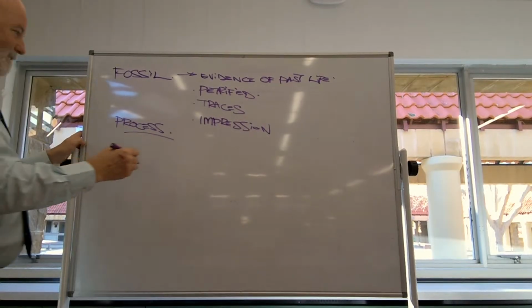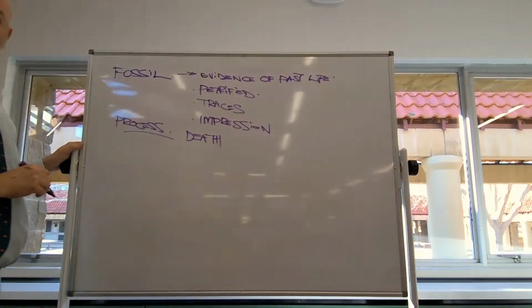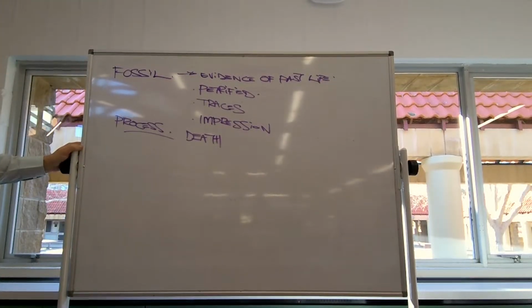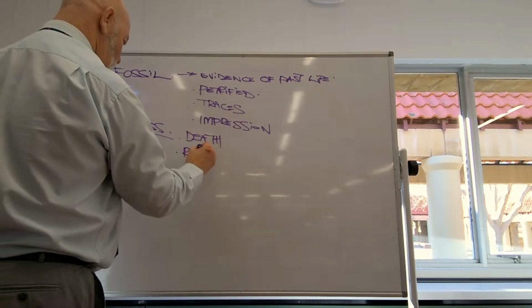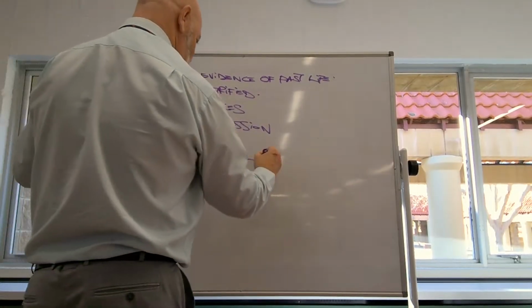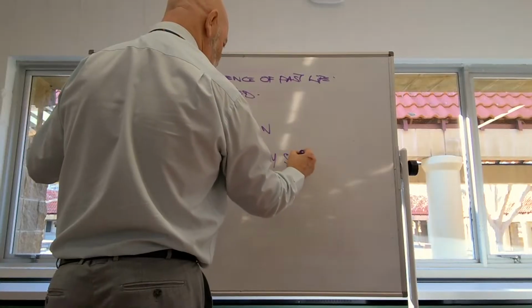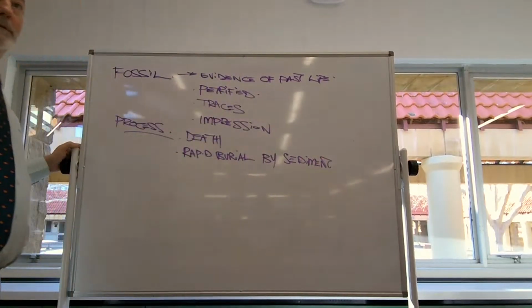So the first one is death, because it's pretty hard to make a fossil if you're not dead. Yeah. Then we get rapid burial. Now we say by sediment, but it doesn't always have to be by sediment.